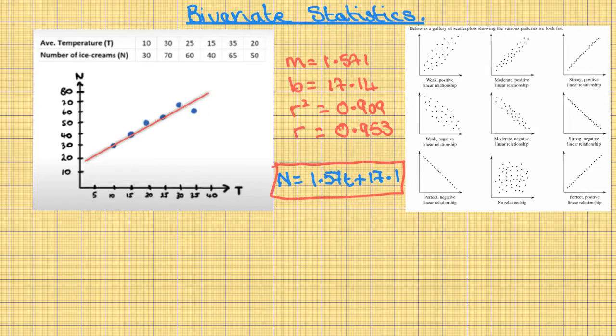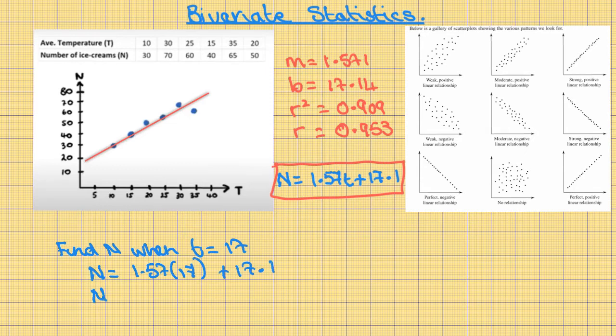So a typical question might be, going back, find N when T is equal to 17. We can just substitute into the equation, so we will get N is equal to 1.57 times 17 plus 17.1.